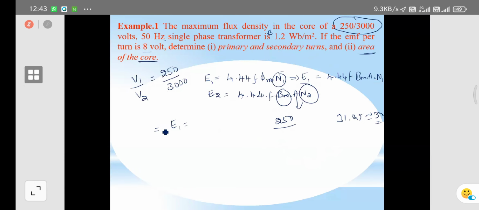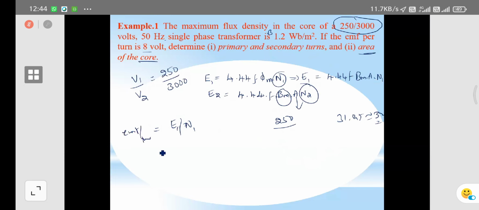So the EMF per turn, that is E1 by N1, is equal to the EMF per turn.